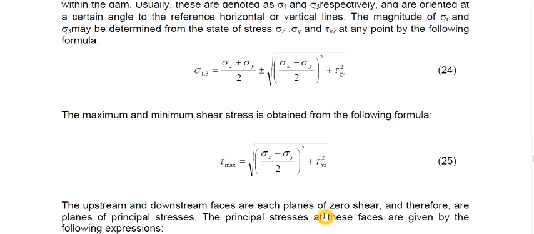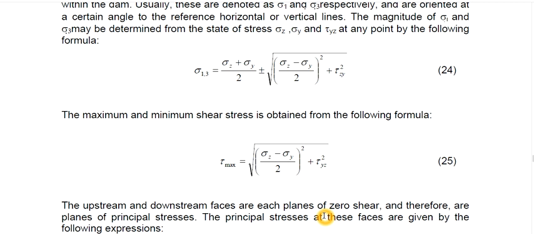Now, as you were taught these expressions earlier in your strength of materials subject in second year, we are deriving the basics and logic, and we have to ensure which fundamentals and basics are applicable to our study focus, which is primarily the concrete gravity dam.